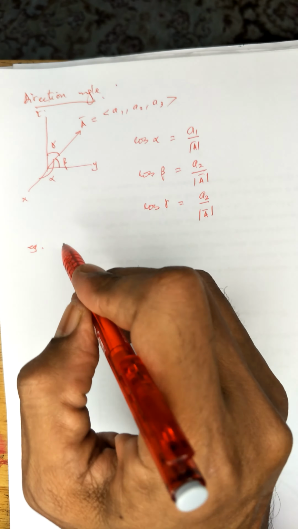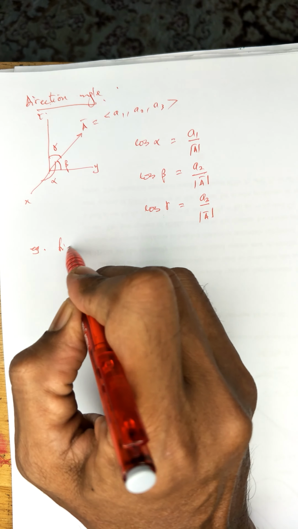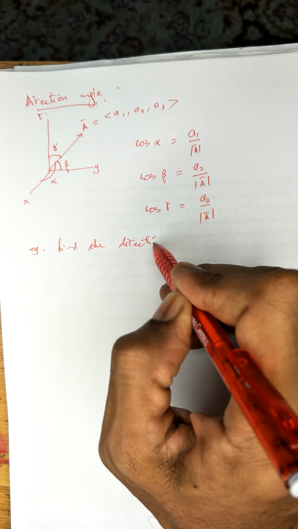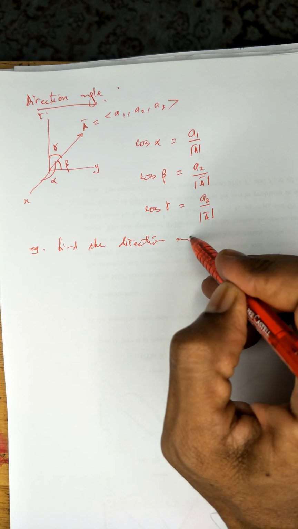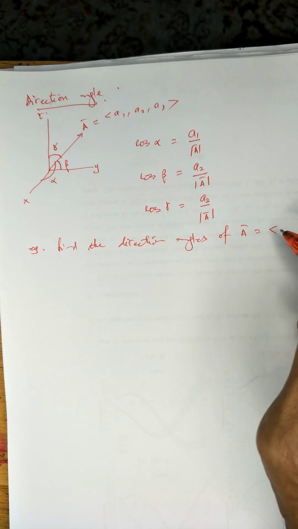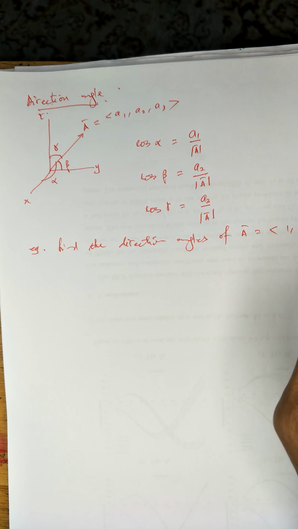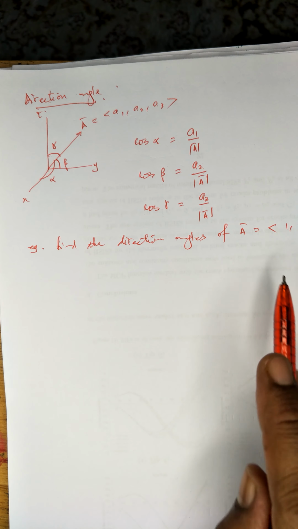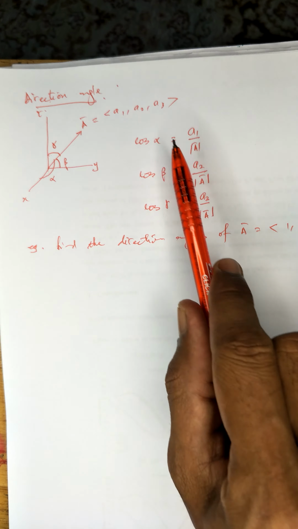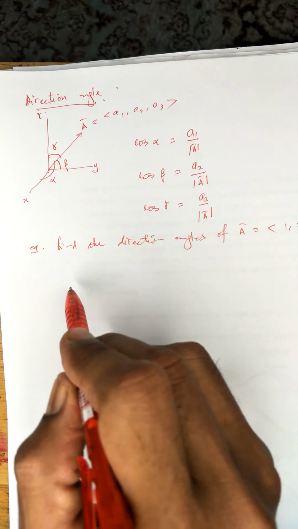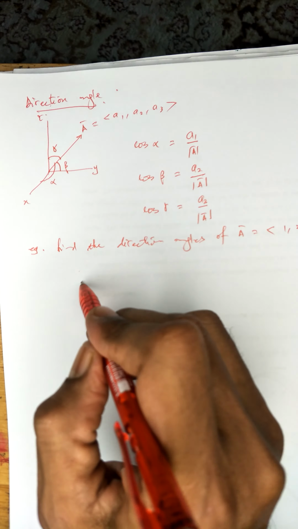Okay, find the direction angle of a vector A given as (1, 2, 3). So what you need to find here is alpha, beta, and gamma, all three of them. So we use those formulas.